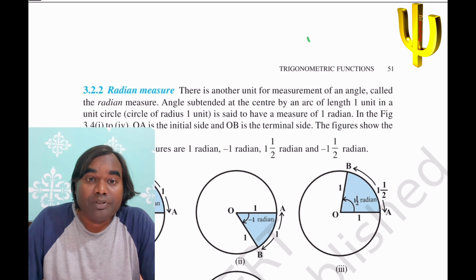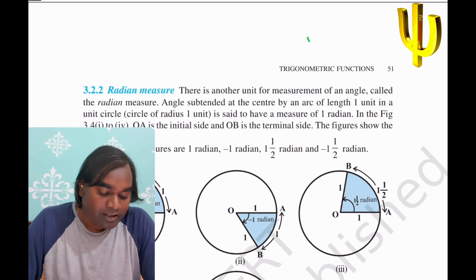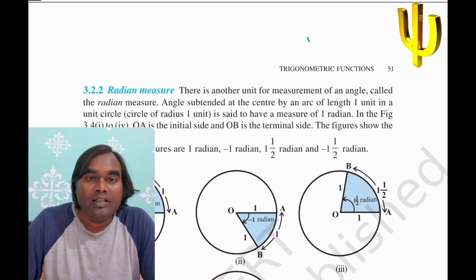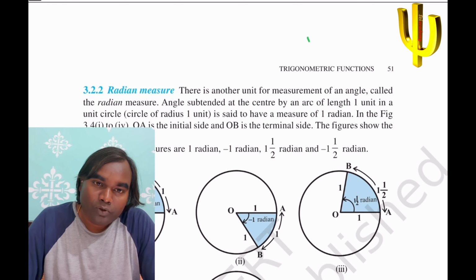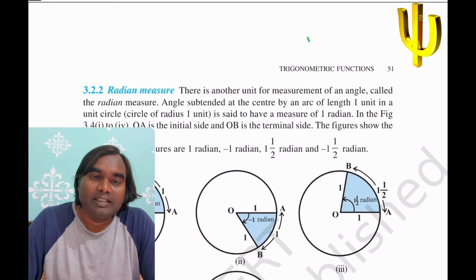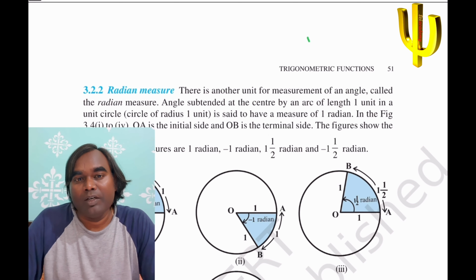That means if you draw a circle having radius 1 unit and take an arc on the circle of length 1 unit, then that arc will make an angle equal to 1 radian. So if the radius and the arc are each equal to 1 unit, then the angle subtended by the arc at the center of the circle will be equal to 1 radian.